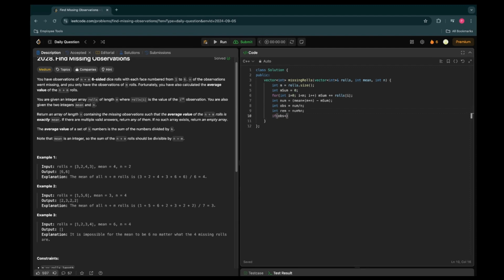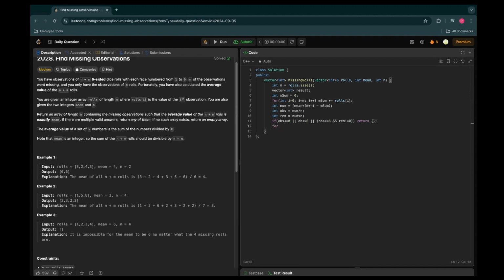Now we will apply those conditions. If our observation is less than or equal to 0, because 0 also cannot exist on a dice, or our observation is greater than 6, or our observation is equal to 6 but our remainder is not equal to 0, then we will simply return an empty array. Otherwise, in the starting also we will declare our result vector, right?